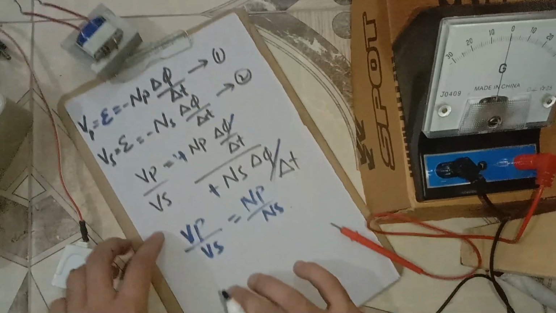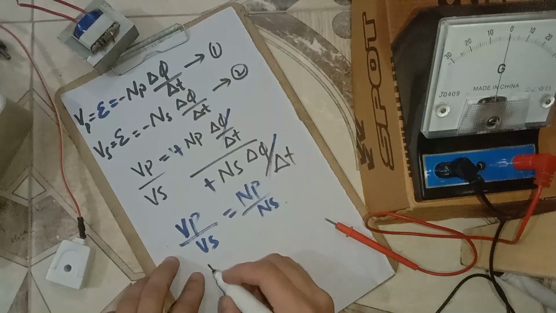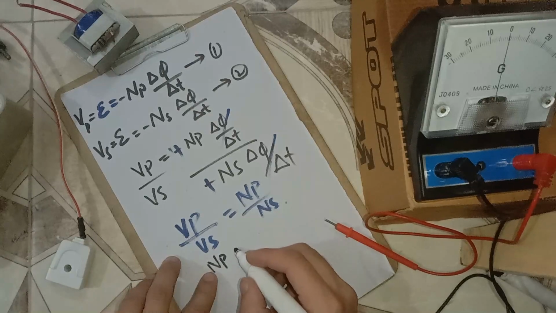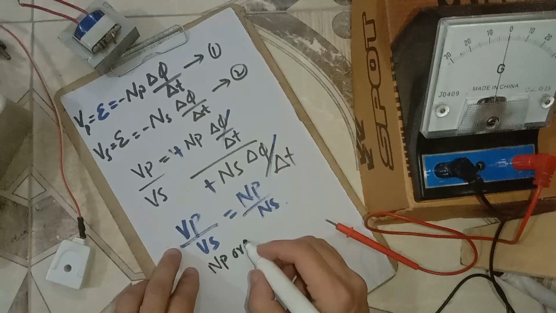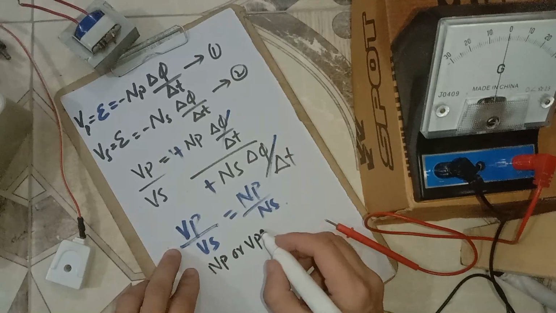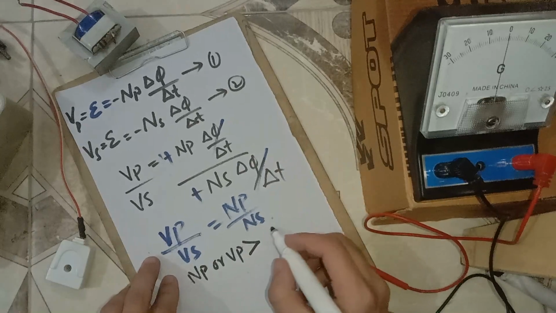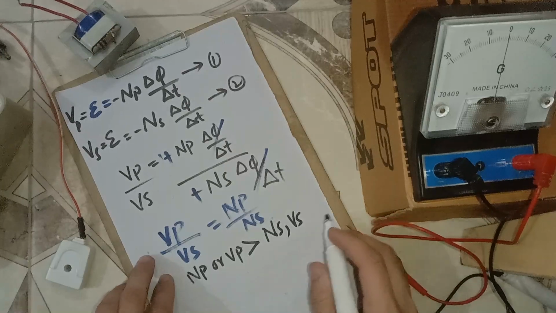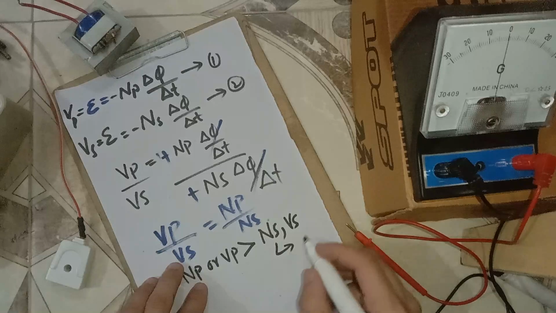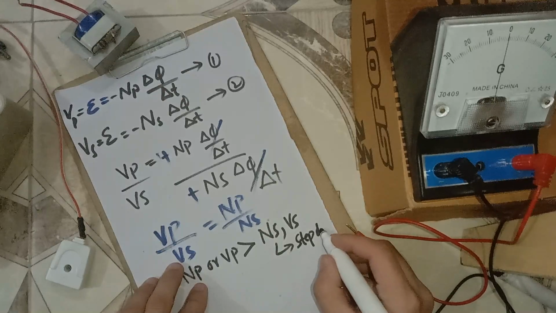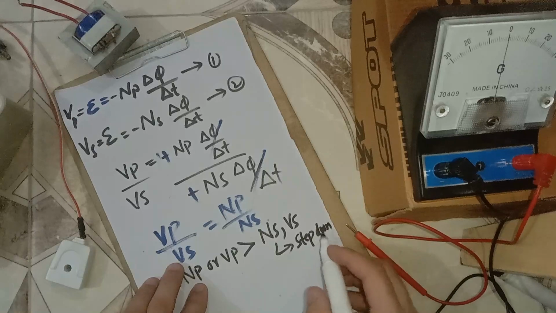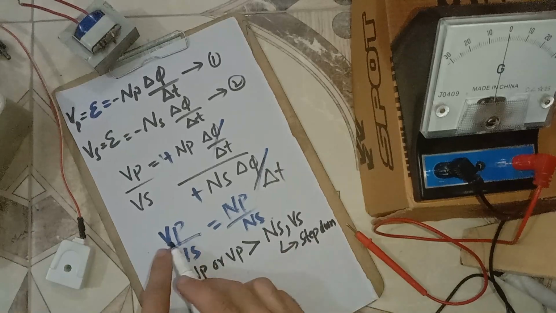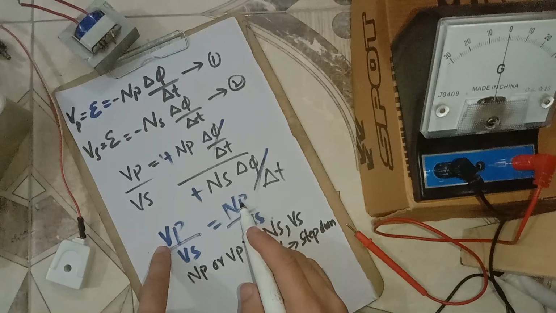So if Np or Vp is greater than Ns or Vs, then we call this a step down transformer. Here Vp is directly proportional to Np.